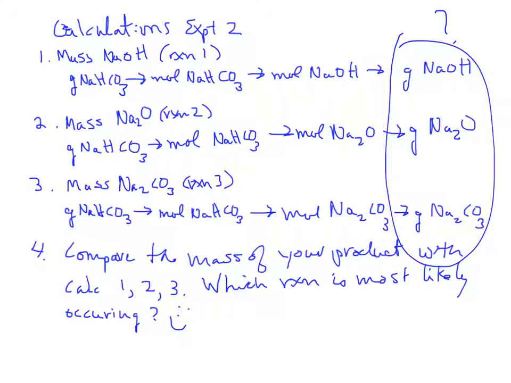You've got a mass. Remember, you weighed the mass of your residue. I hope you weighed the mass of your residue. And which mass does it line up with? Whatever mass it lines up with, that's your reaction. Okay, step number 4 says which reaction do you have? And hopefully everybody has the same chemistry going on here today, okay? Any questions? Okay. All right.